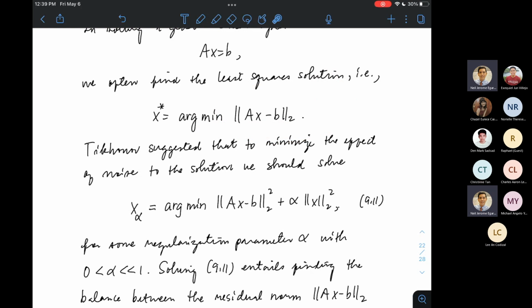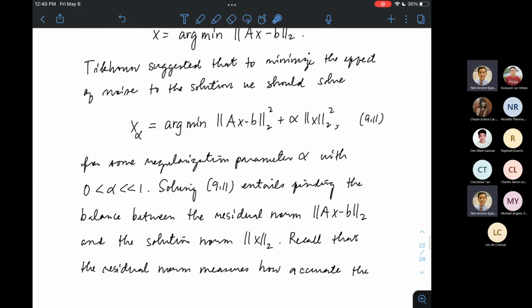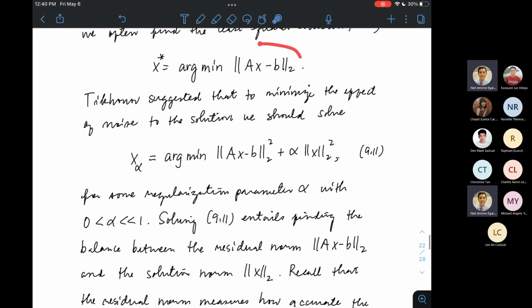Now, sabi ni Tikhonov, kapag malaki yung condition number nung matrix mo, wag mo lang basta kunin yung minimum norm, wag mo lang kunin yung least square solution. Kunin mo yung Tikhonov solution. Ano yung Tikhonov solution? Ang i-minimize mo ay hindi lamang yung residual, ngunit yung sum ng residual squared plus alpha times the norm of the actual solution, where alpha is some regularization parameter that is between 0 and 1.